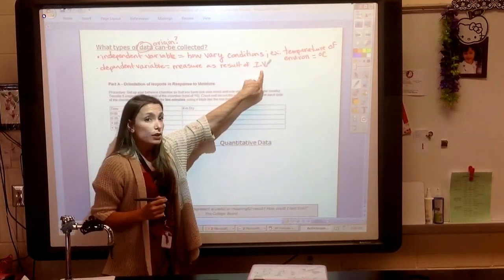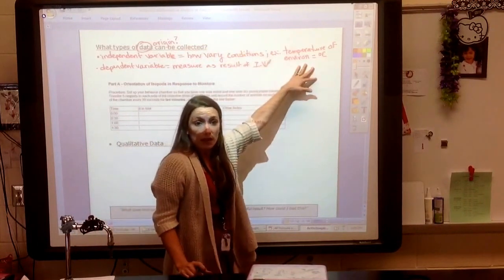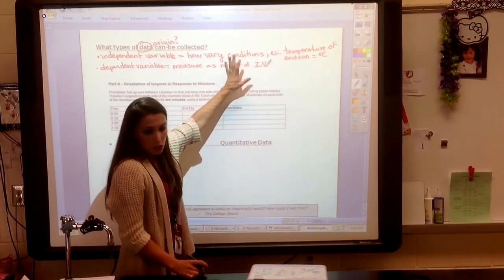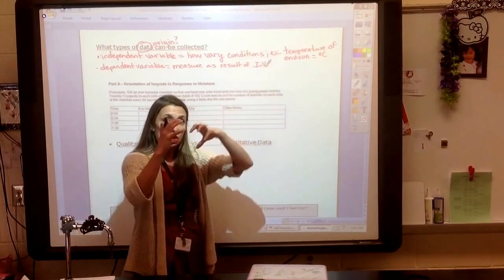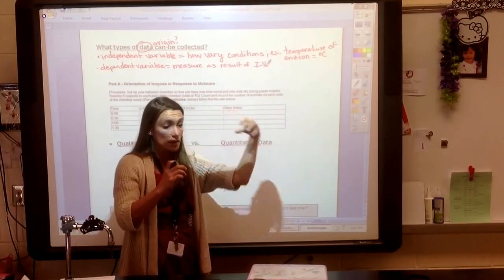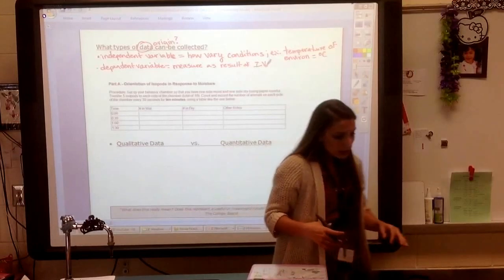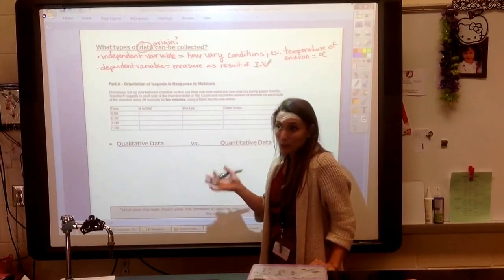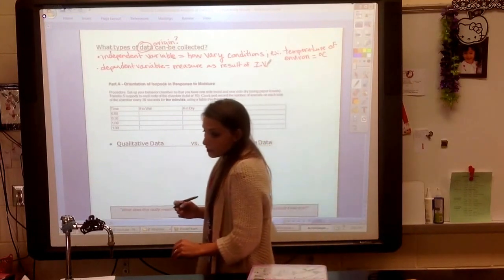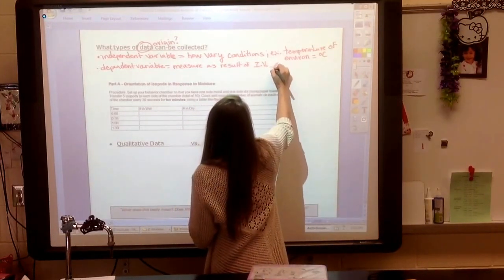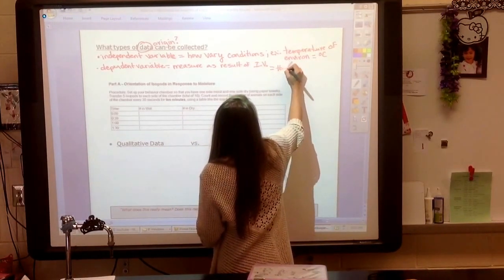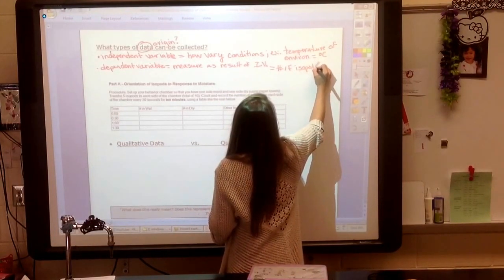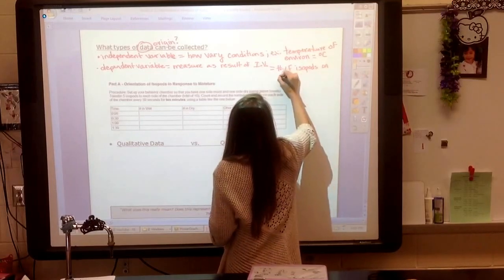So you're going to change something like the temperature, and then you're going to measure something as a result. If you go back to the top of the page and look at the little pictures of the pill bugs on the left side or on the right side, we can actually count how many pill bugs, isopods, roly-polies are on either side. So this might look like the number of isopods on each side.